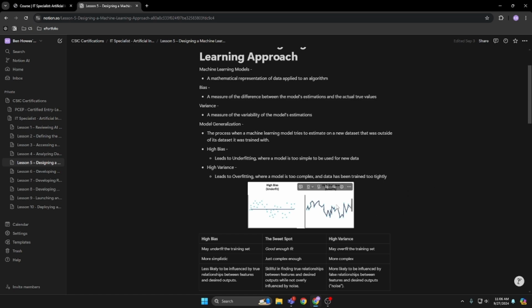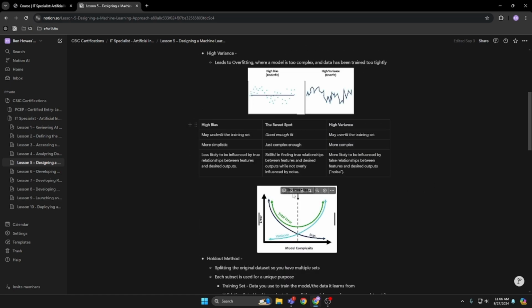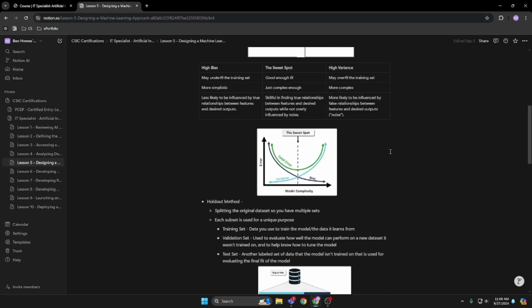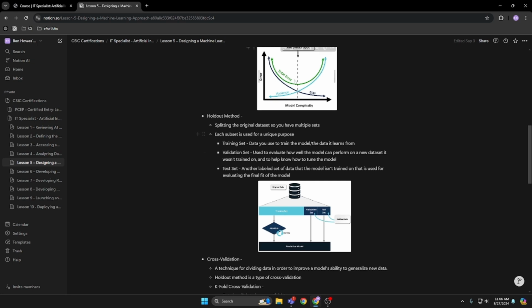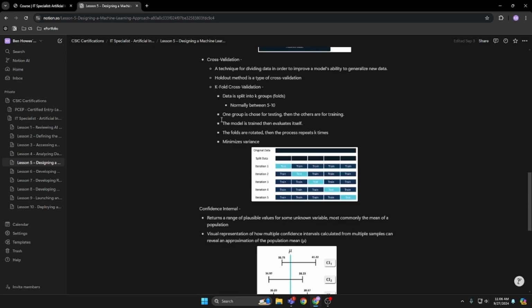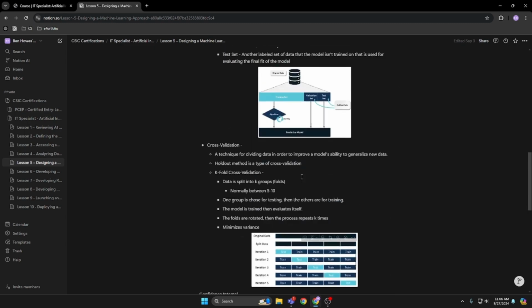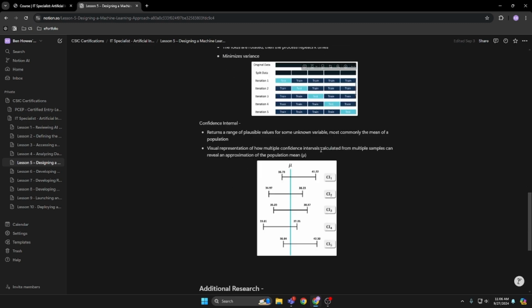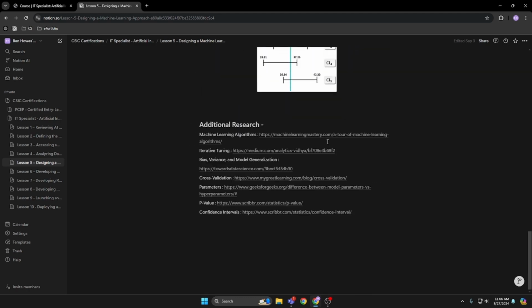It'll try too hard, if that makes sense. It goes over how to find a sweet spot between those two, between variance and bias. Talks about different methods of training that might help to minimize underfitting or overfitting.